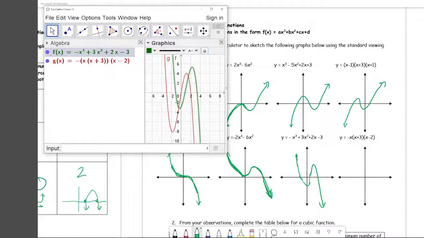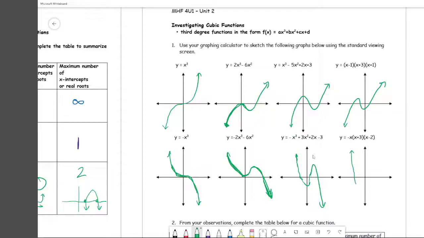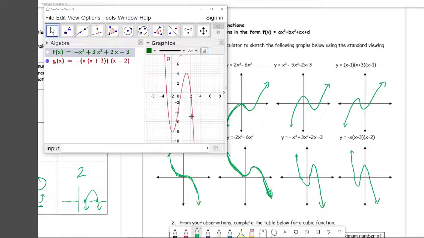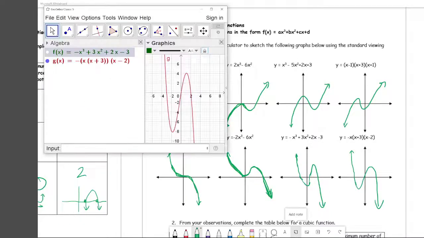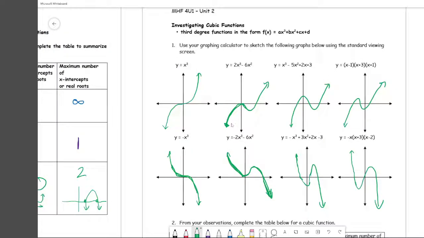And this one also sort of comes down sharply. Something like that. No, sorry. Let's draw it better than that. Yeah, more or less, right? All right.